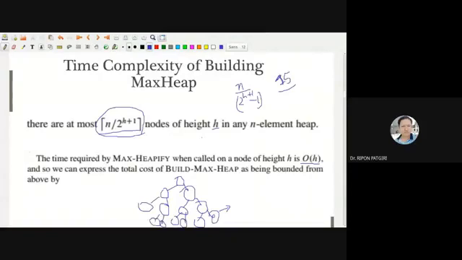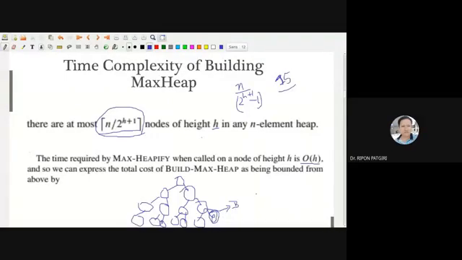What is the height here? 1, 2, 3. The height is 3. How many nodes are there?